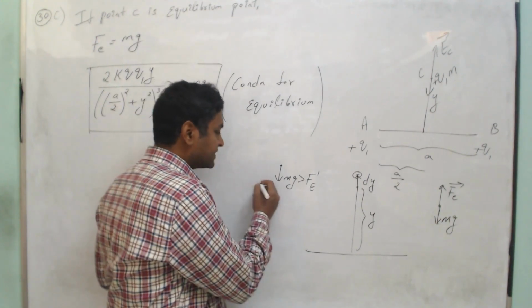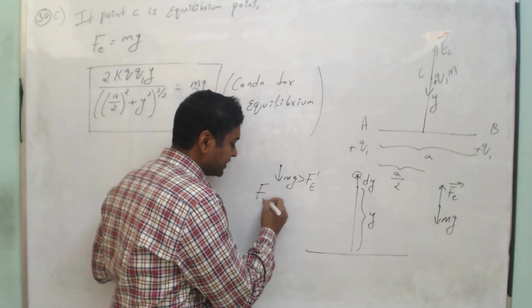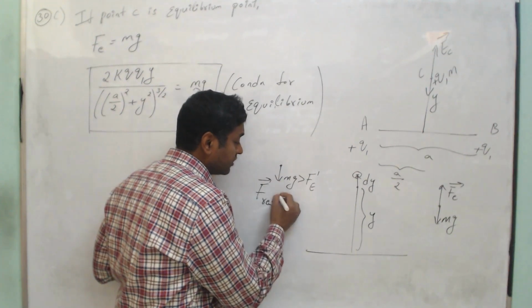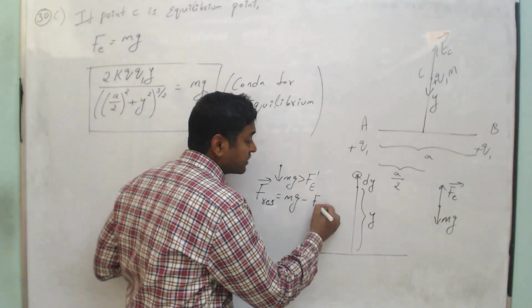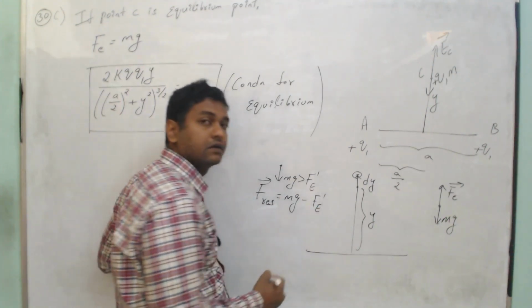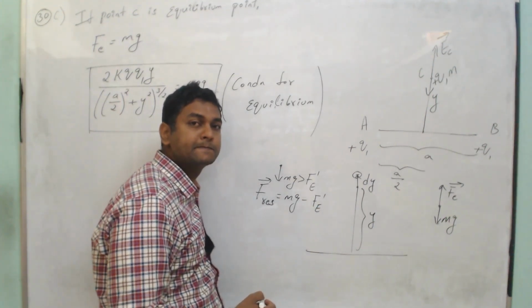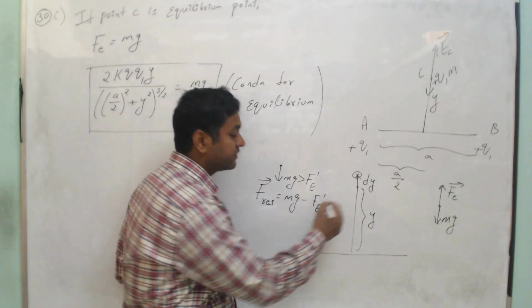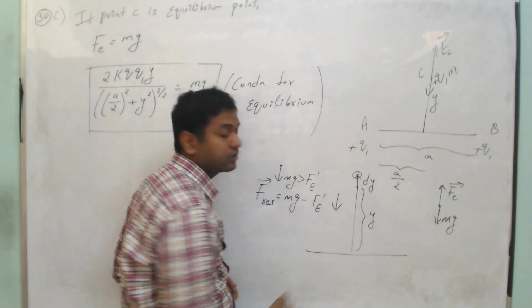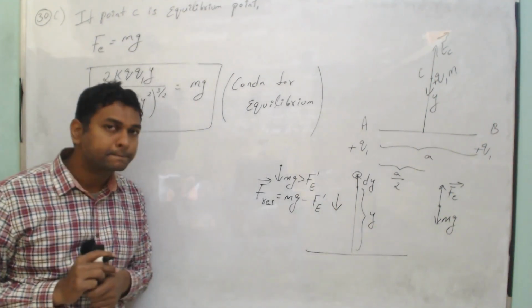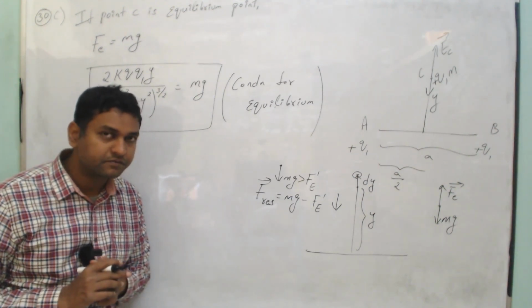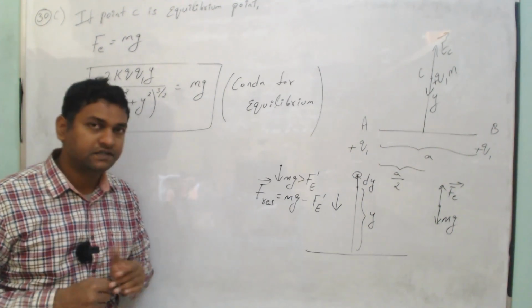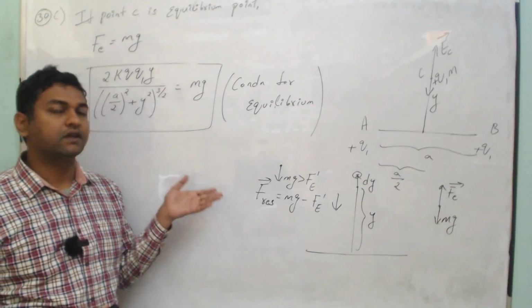So my resultant force will be what? Gravitational force minus new electrostatic force, right? And this resultant force direction will be what? Downward direction. Is this clear? So let us rinse and repeat the story again.